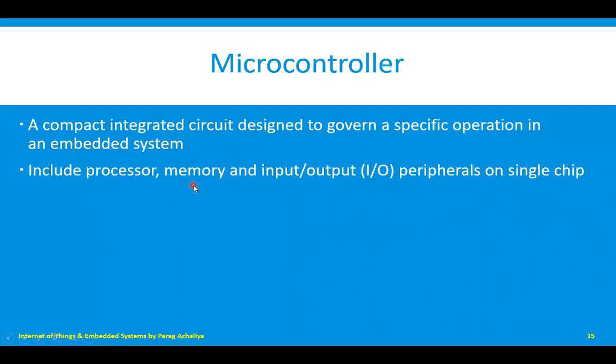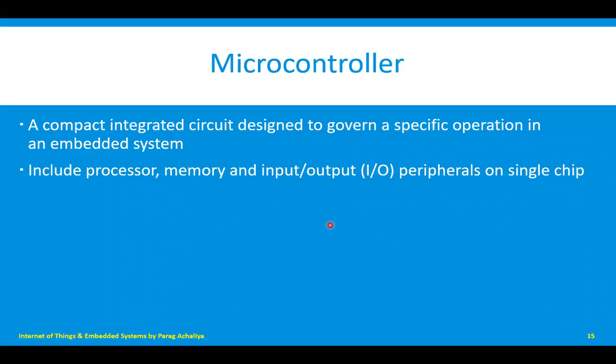That memory is useful for storing data locally for easy and quick operation. The memory is provided to each and every microcontroller, and there are input and output peripherals on the microcontroller. Those input and output peripherals are useful for communicating with outside devices.